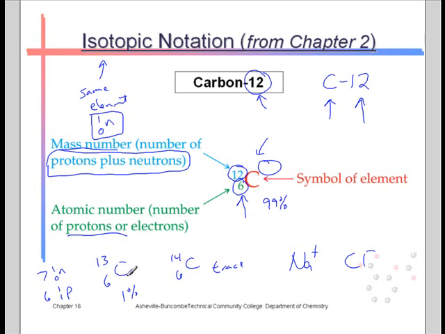For these particular isotopes, we still have carbon. The identity of the element, which dictates its chemical properties, is determined by the number of protons in the nucleus. In all three of these isotopes, we have 6 protons.